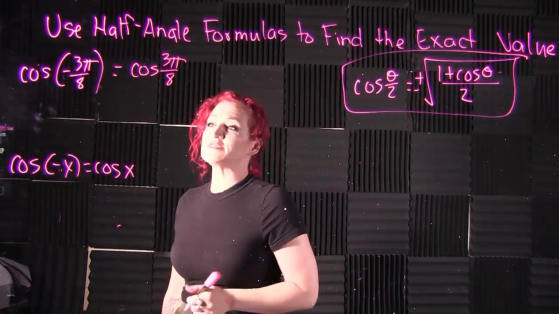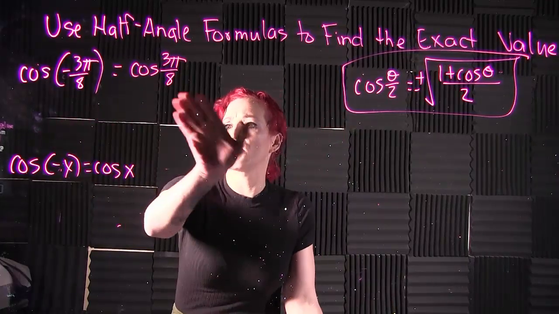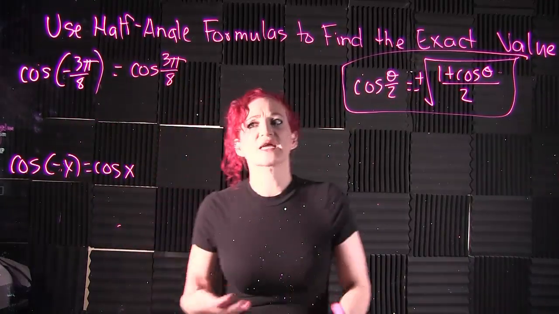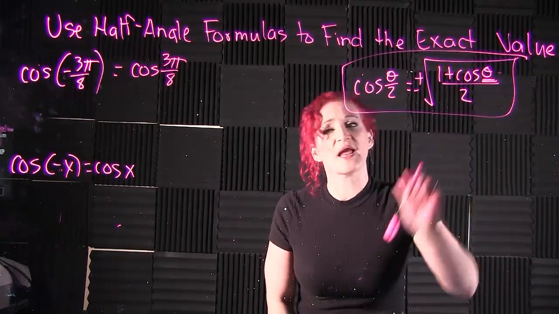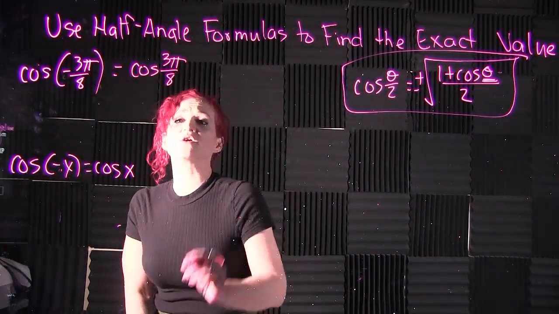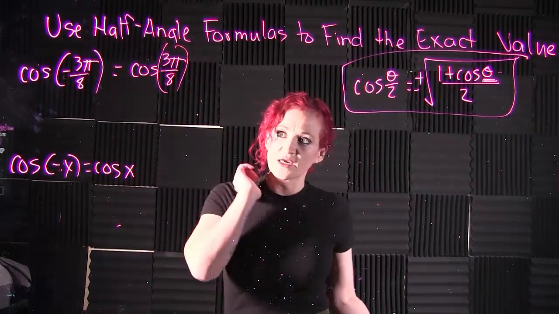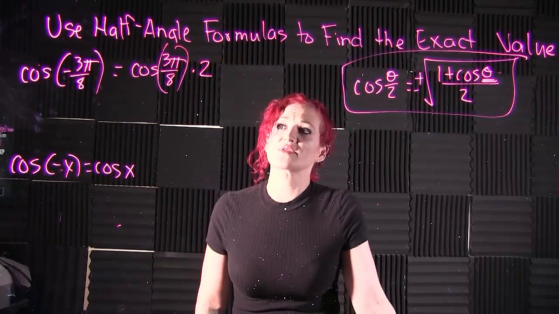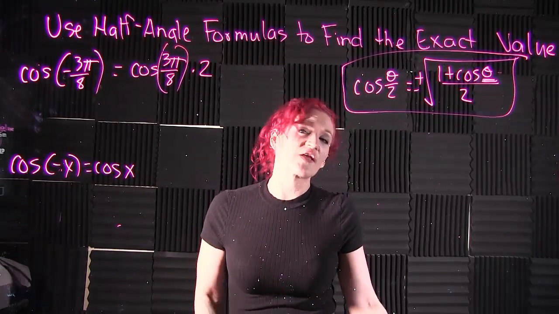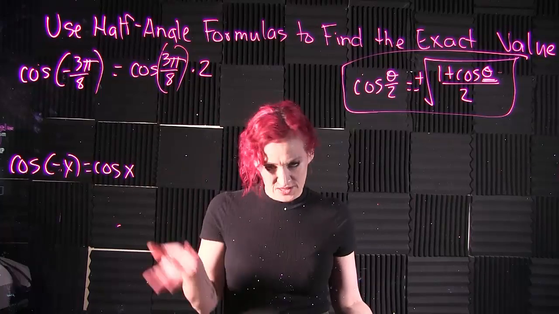Also, anytime you are given a half angle problem, one of the first things we have to do is calculate what our theta is. Take your given angle and multiply that by 2, because we're working with the half angle formula, to essentially get your full angle.